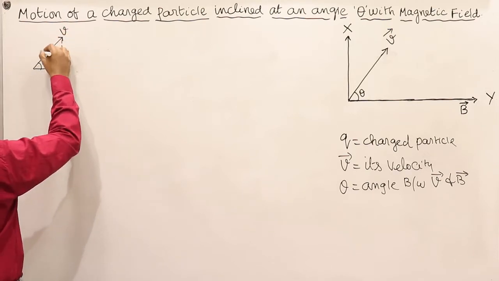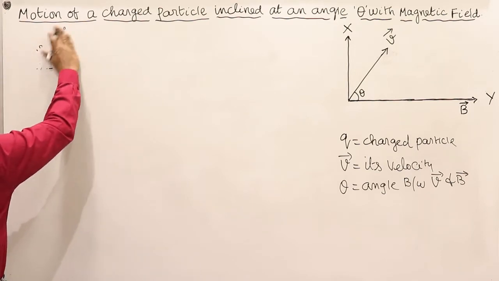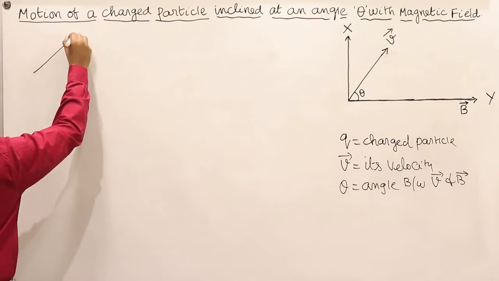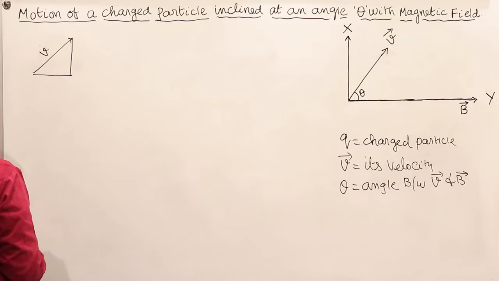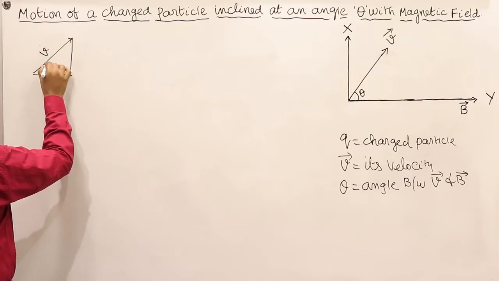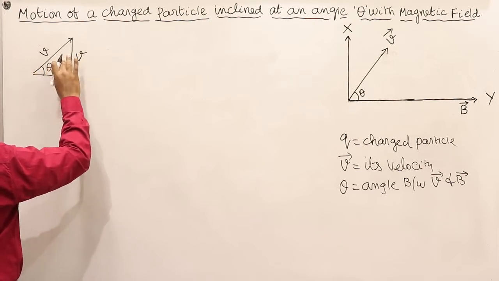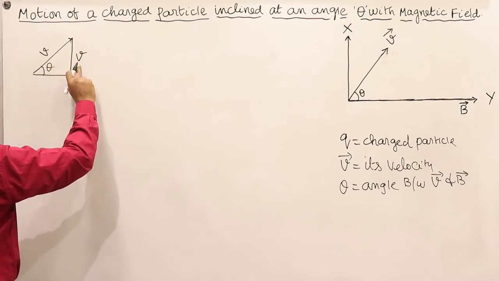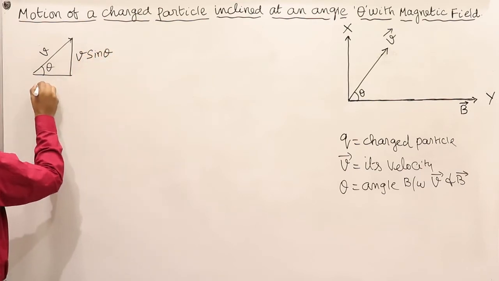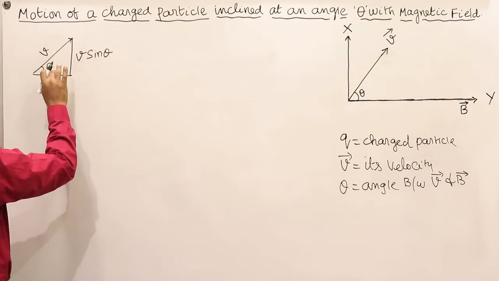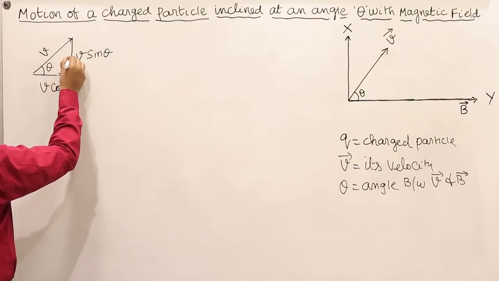Drawing the perpendicular, this is the hypotenuse, the velocity, making an angle theta. In trigonometry, the side far away from this angle is sine of the angle, and the side nearby to the angle is cos of the angle.